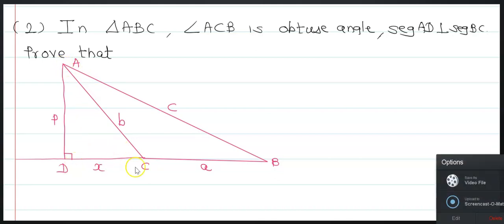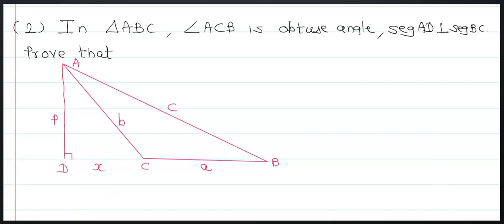In triangle ABC, here angle C is an obtuse angle. And BC is small a, AC is small b, and the perpendicular drawn we always treat as AD equals P, and DC equals X. Now see what we want to prove.